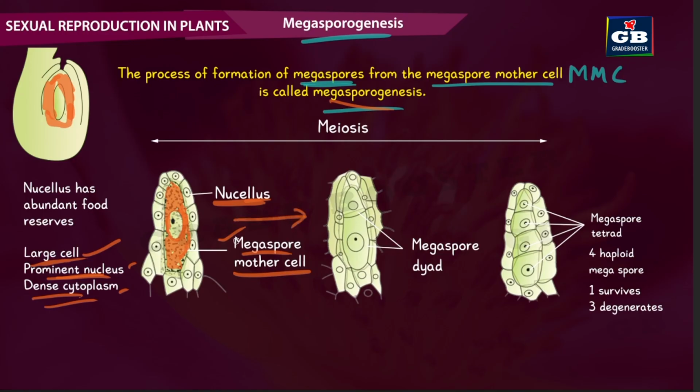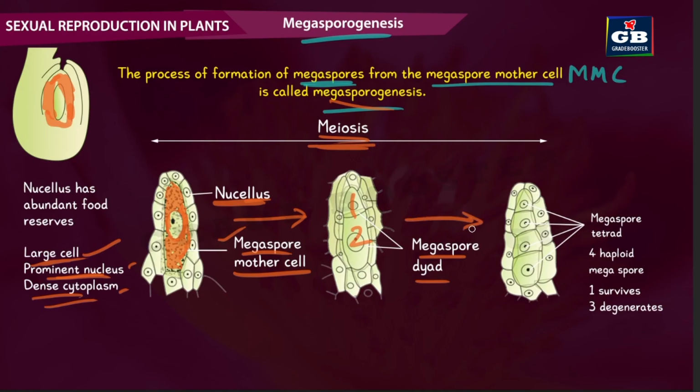Now this big cell undergoes meiotic divisions. Meiosis takes place, and it becomes two cells, 1, 2. It is called a megaspore dyad. Dyad means two cells. One big cell, the megaspore mother cell, divided into two cells.